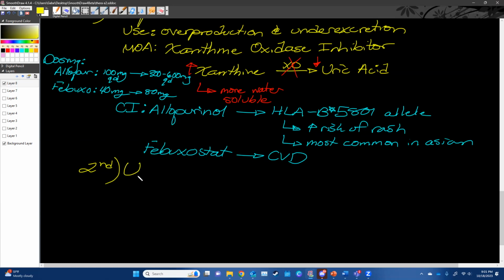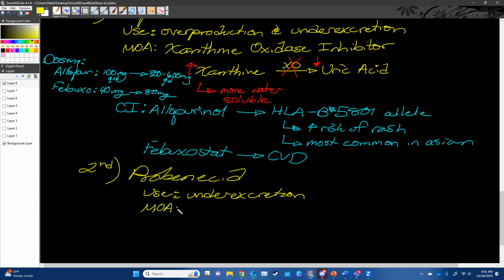Second line is probenecid. Probenecid is used in under excretion of uric acid. So it is not helpful in someone who is an overproducer.